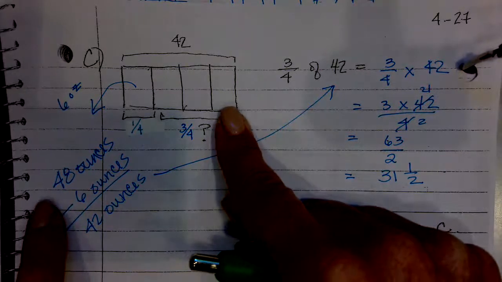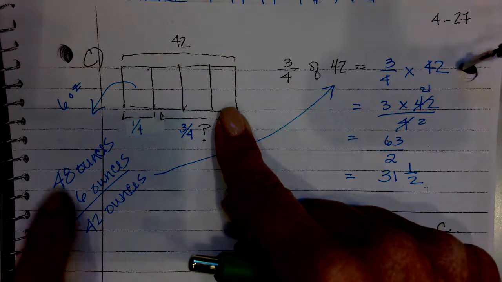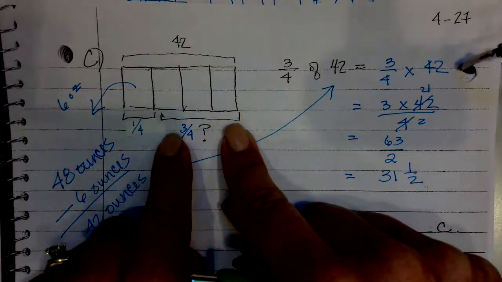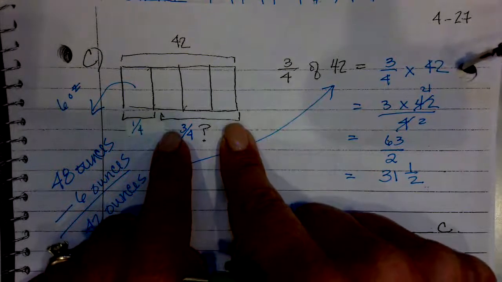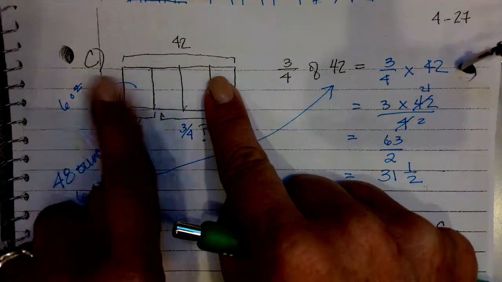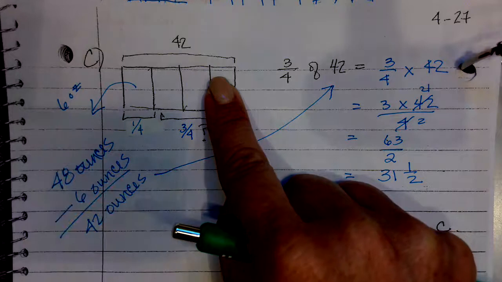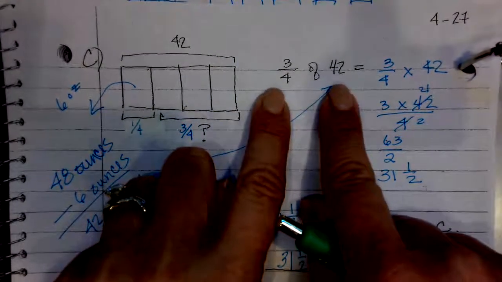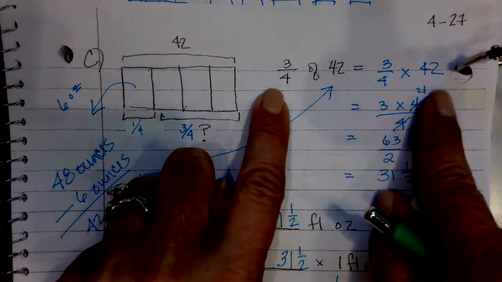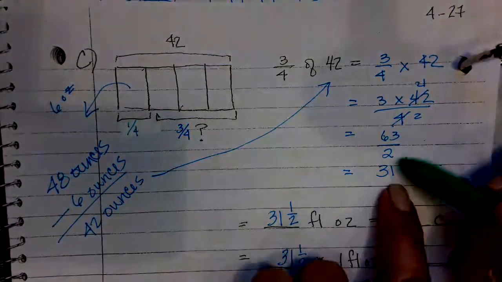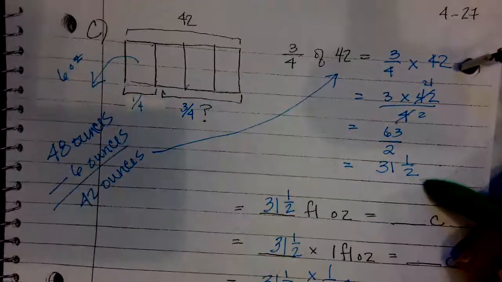I did 48 ounces minus the 6 ounces, which, remember, is the 1/4. We're only focusing on the 3/4 now. So 3/4 of 42 ounces, because 6 ounces of it got poured out. So 3/4 of 42 is the same as 3/4 times 42. Do the multiplication, and it is 31.5 fluid ounces.